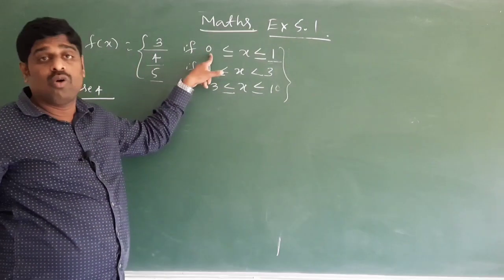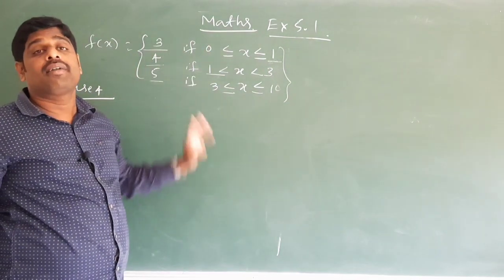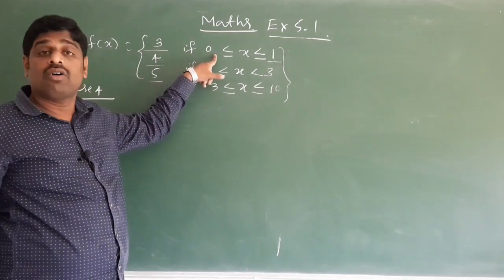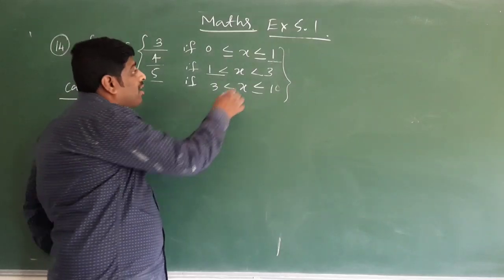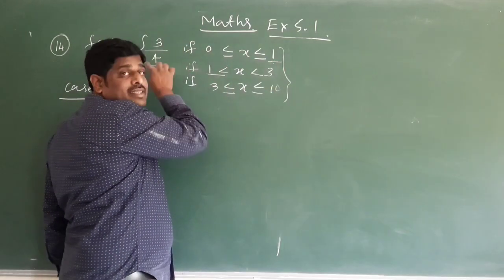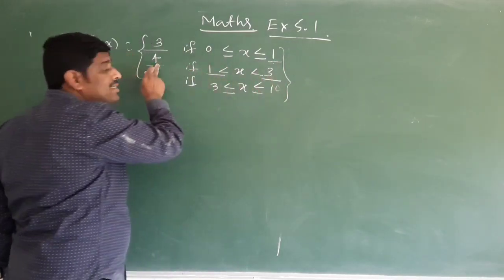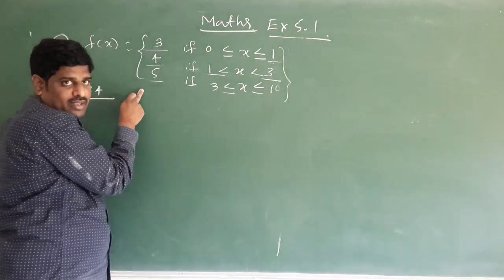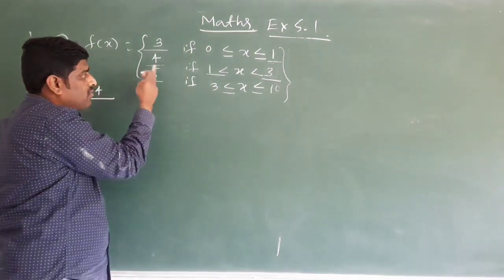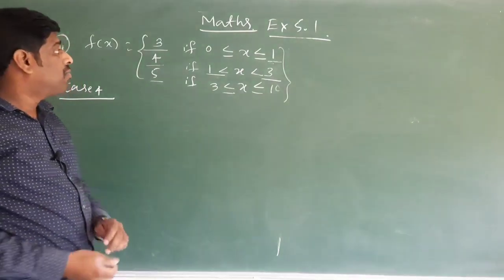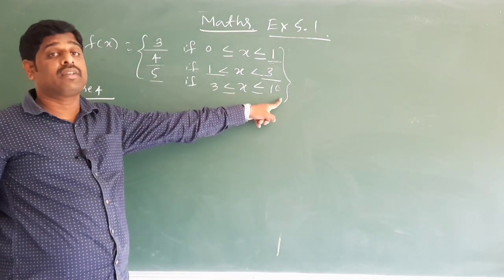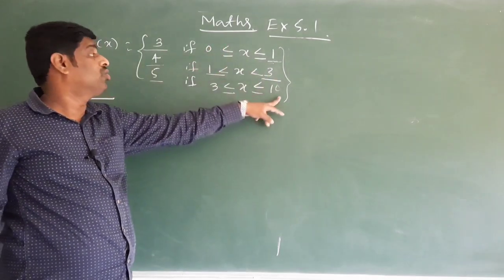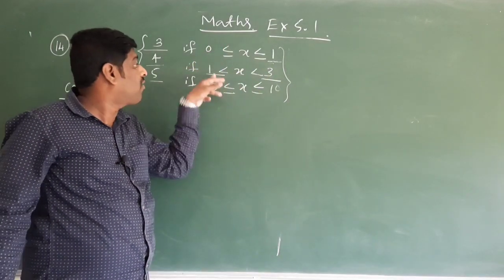For 0, RHL is there, LHL is not there. For 0 and 10 you have to check the full intervals.